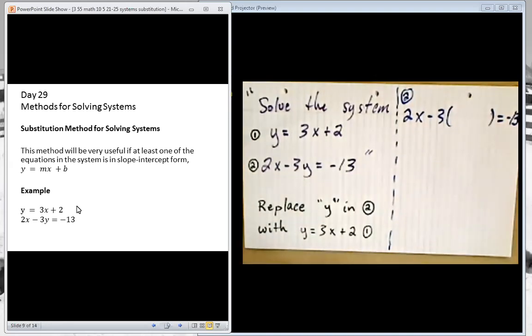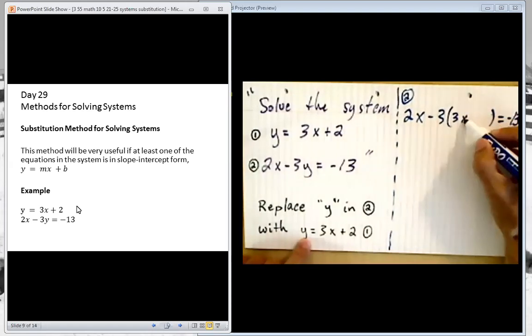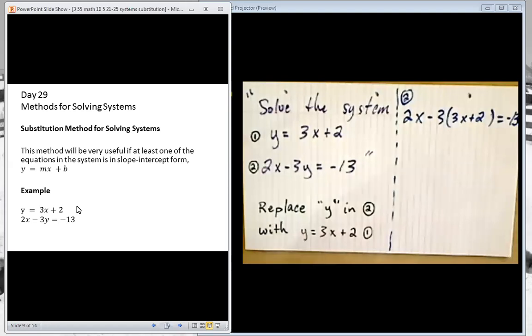And what is the replacement we're going to use? y is equal to 3x plus 2 from equation 1. So instead of y, we're going to write 3x plus 2. That's what goes in there. You take one equation and you put it into the other.